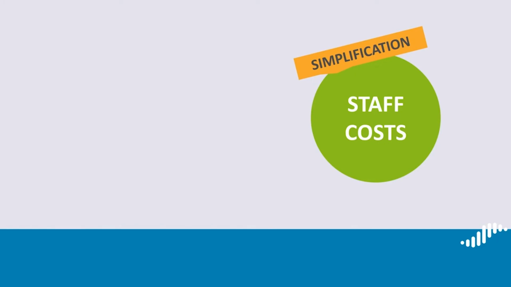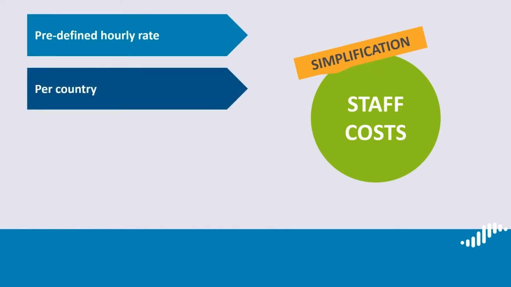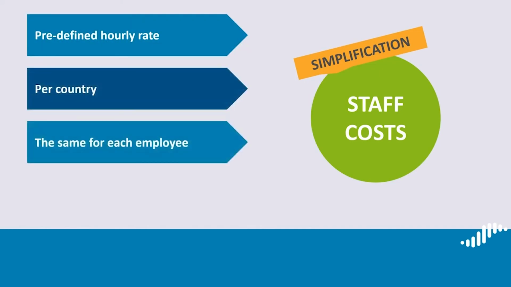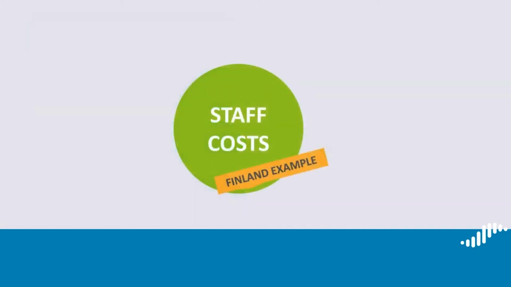Hourly rates will be predefined, specified per country, the same for each employee regardless position, for productive hours only, so only for working hours spent for the project. Holidays or sick leave do not count as productive hours. What is important to know is that the hourly rate covers the total gross employment costs.